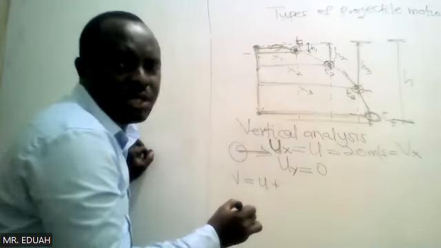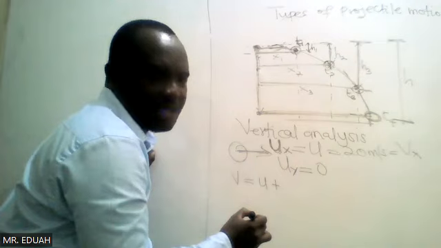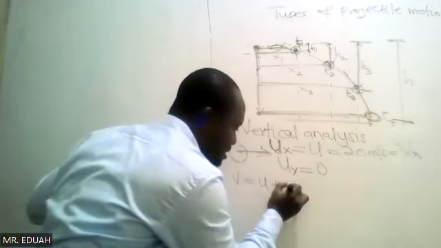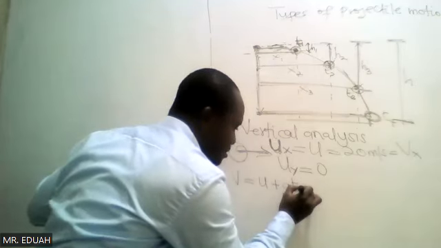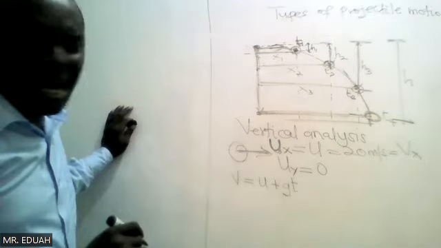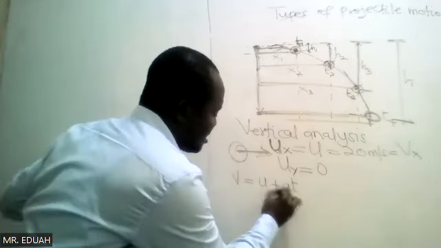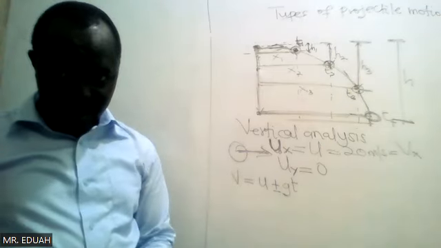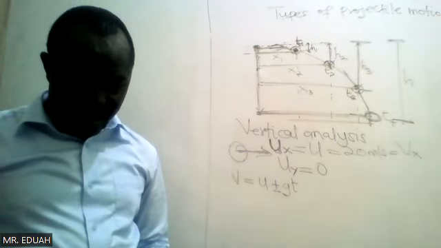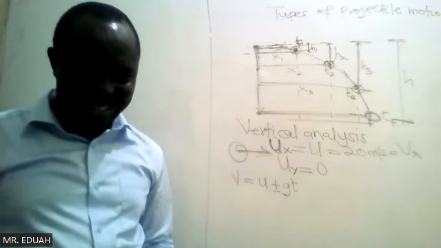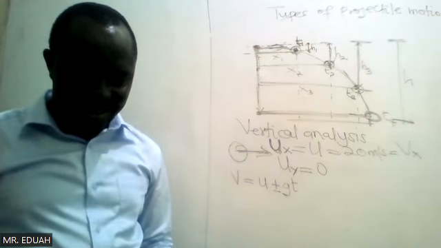Here we will not use a, we'll use g because the body falls under the influence of gravity. Will it be plus or minus? Why plus? Because it's not going against gravity.